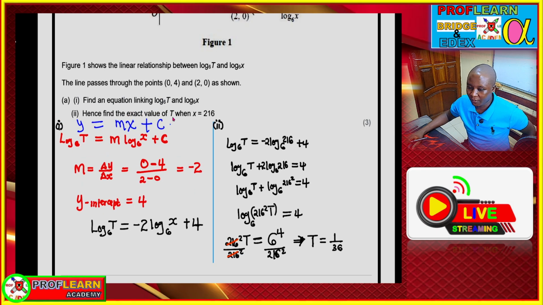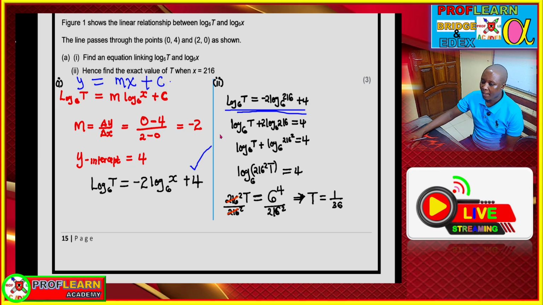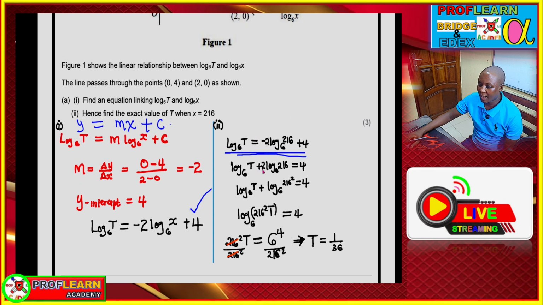Hence find the exact value of t when x is 216. So we are going to substitute where we have x, we write 216 in this equation that we have gotten here. That's exactly what I did at this point. Now, because they want an exact value, I said I'm going to raise 6 to the number that was inside the log.